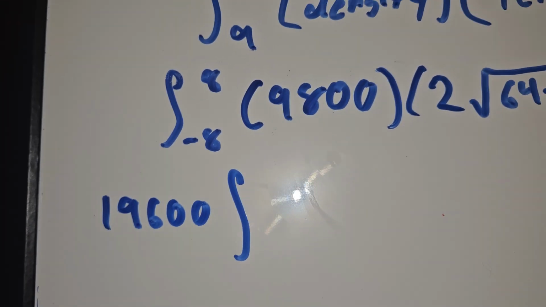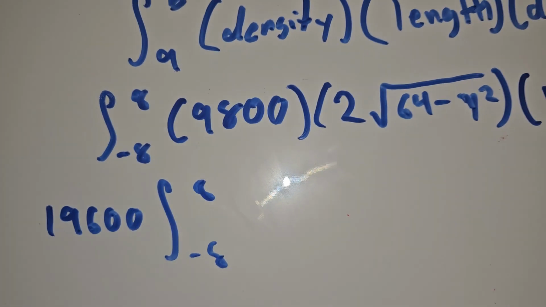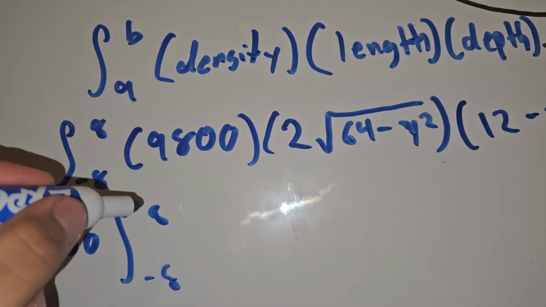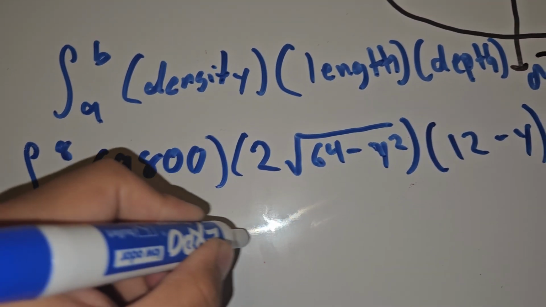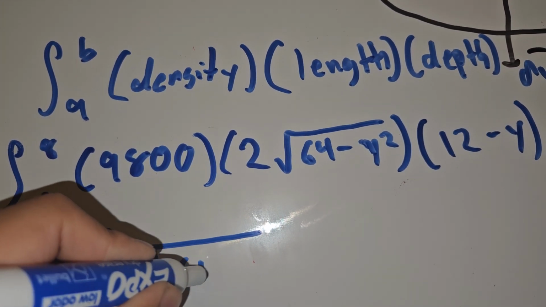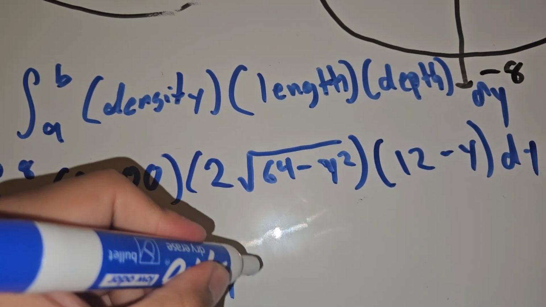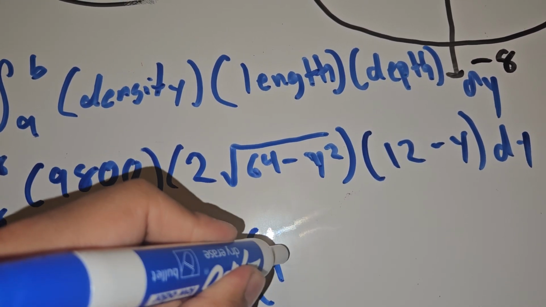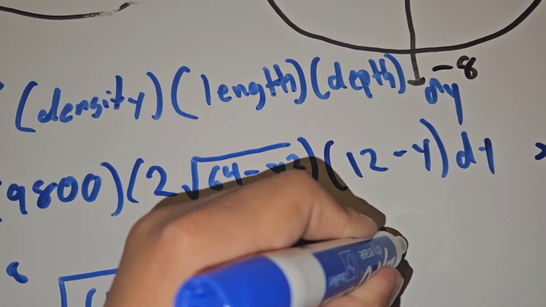Integral from -8 to 8 of 900, root of 64 minus y squared, times 12 minus y dy.